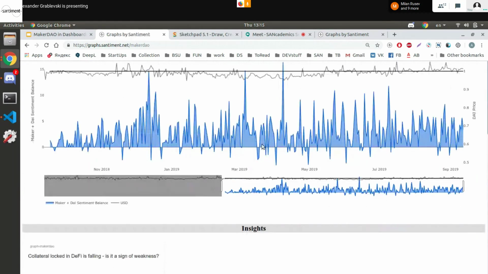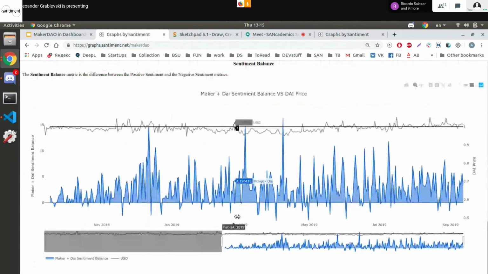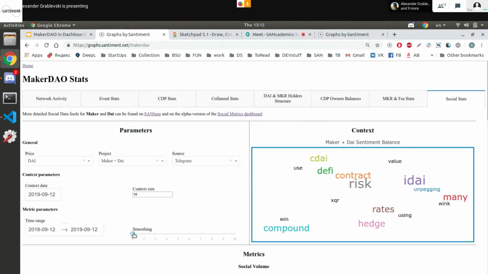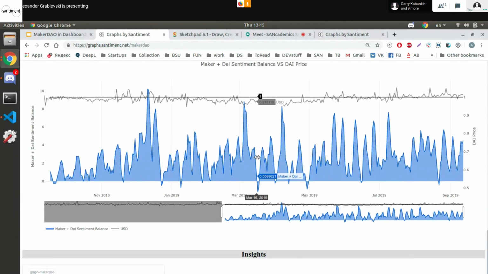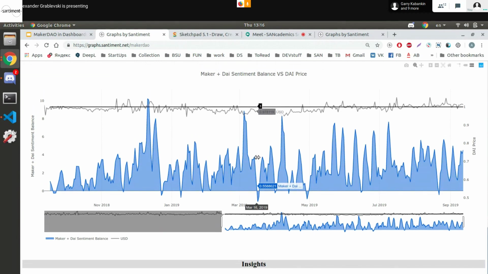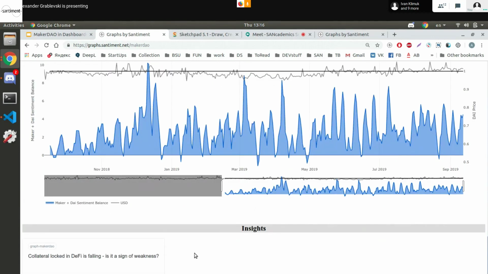But the one thing I want to point to is that at this point, in March of 2019, there was a lot of chatter about the Maker team on the networks. And you see that this parameter is going down. So that probably means that the sentiment of the community is going up. And you see that the price also was quite low. So that's kind of an interesting thing.